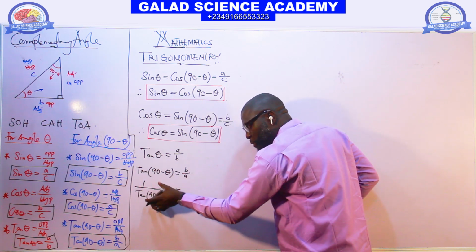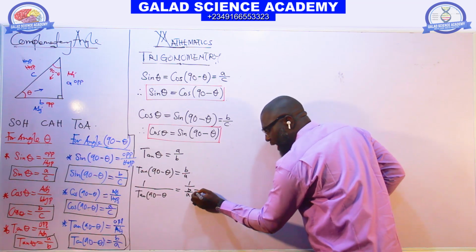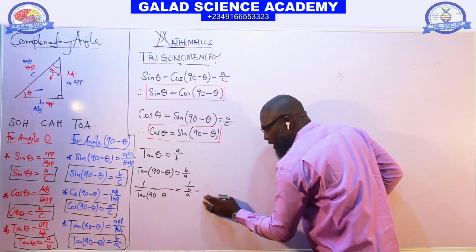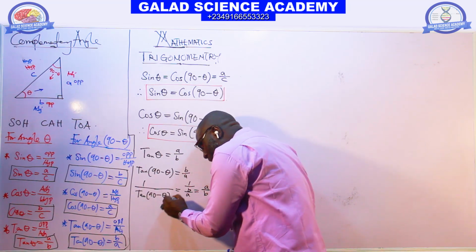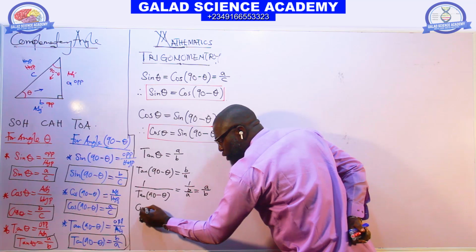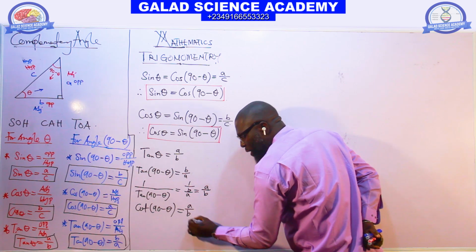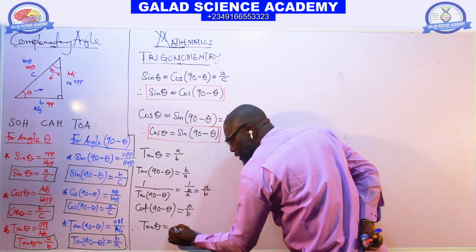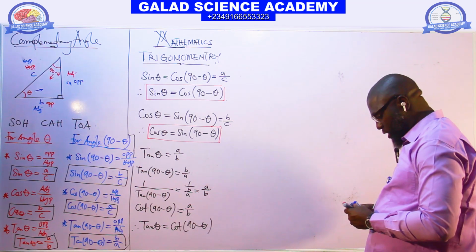If I put 1 here, it will be 1 over B over A, which gives me A over B. But we know that the reciprocal of tan 90 minus theta gives us cot 90 minus theta, which is A over B. Therefore, tan theta will be cot 90 minus theta. Please add it to your notes.